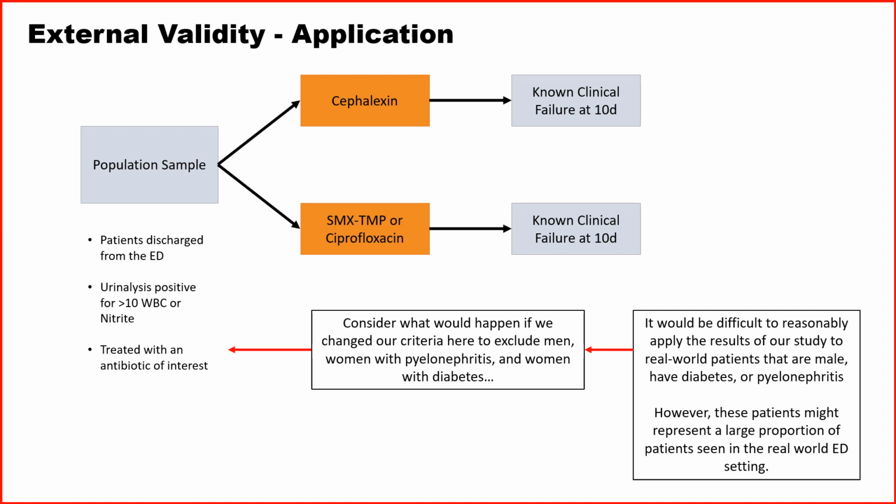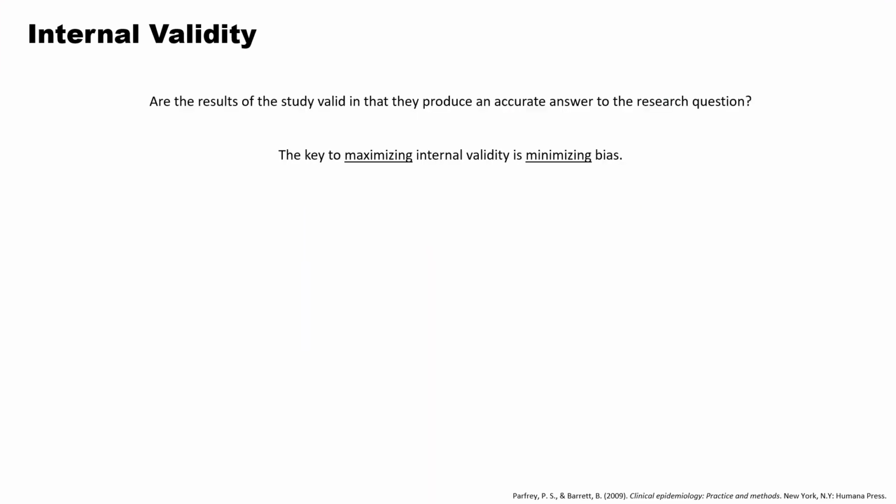The likely result would be that it would be difficult to reasonably apply the results of our study to real-world patients that are in one of these groups, so that are male, have diabetes, or pyelonephritis. However, men, women with diabetes, and women with pyelonephritis might represent a large proportion of patients that are actually seen in the real-world ED setting, and so this would likely decrease our external validity.